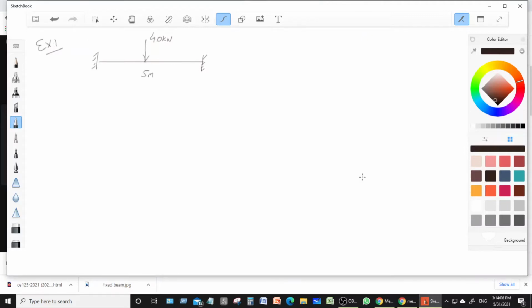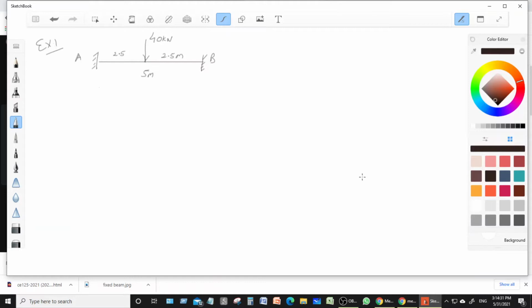As it is on the mid span, on both sides the distance of the point load from each support is 2.5 meter. We want to solve this fixed beam and find the moment at A and moment at B, and the point of contraflexure.